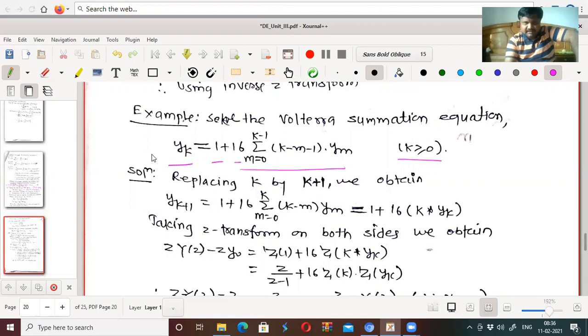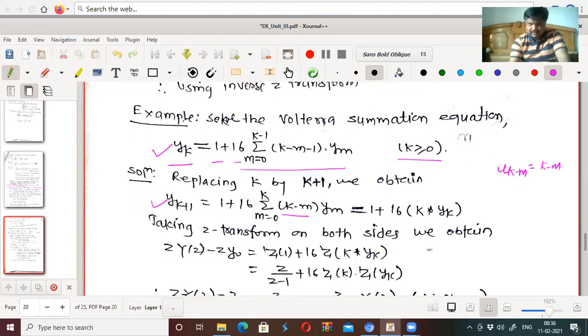So replacing k by k plus 1, this becomes y k plus 1 equal to 1 remains as it is, plus 16 summation from m equal to 0 to k, k minus m y m. Now this function is u k minus m equal to k minus m, isn't it?